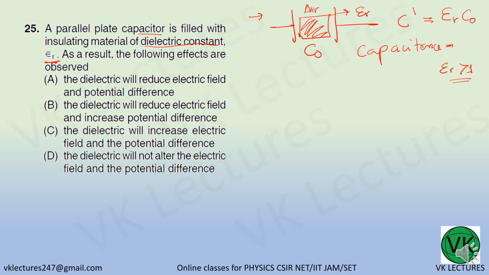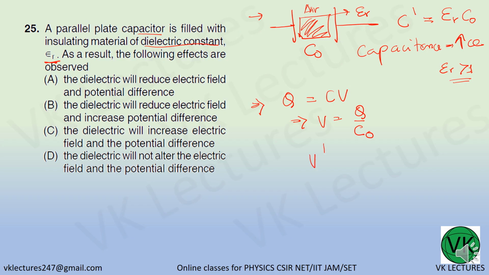Okay, so capacitance increases. Now coming to the capacitor, parallel plate capacitor, you know the total charge Q equals CV, or in terms of V we can write V is equal to Q by C. This is your V equal to Q by C naught before introducing the dielectric medium.